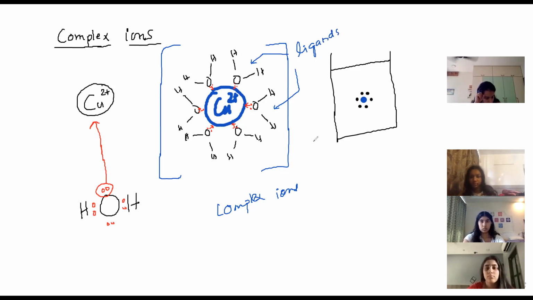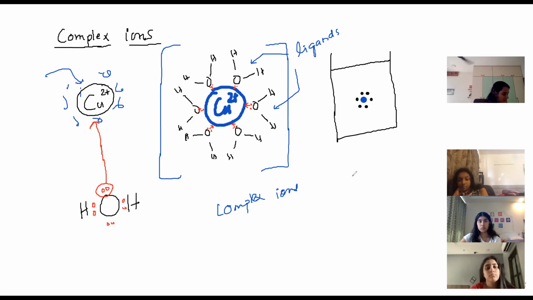The difference between a complex ion and a normal ion is the dative bonds. A normal ion is alone, not surrounded by any molecule. In a complex ion, the central ion is surrounded by ligands.